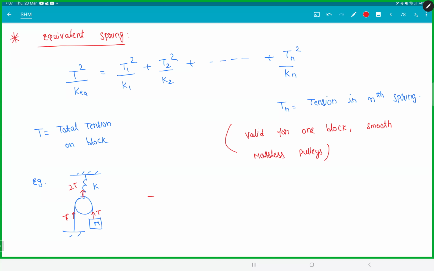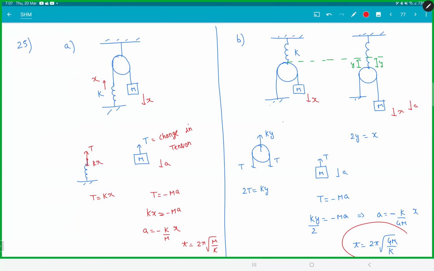Now look at the formula. Tension on the block is T, so T squared by K equivalent. Tension in the spring is 2T whole squared by K. Therefore, we get K equivalent is equal to K by 4. Therefore, time period will be 2 pi root over M by (K by 4), which is 2 pi root over 4M by K. Same answer.